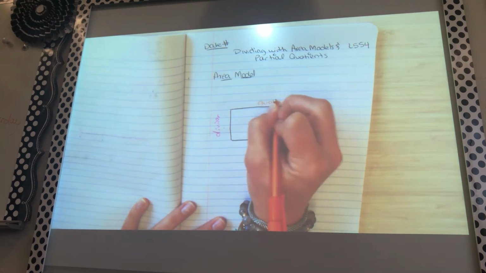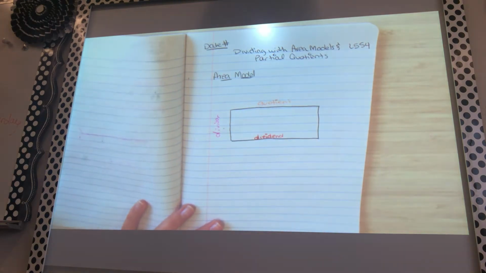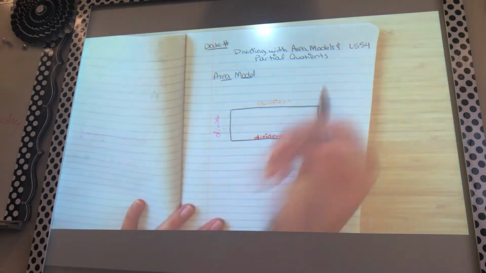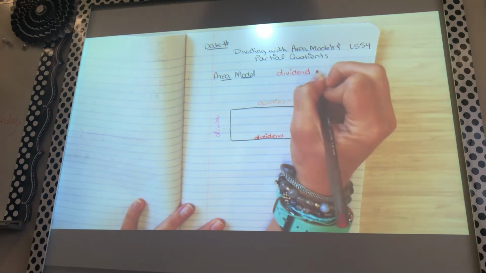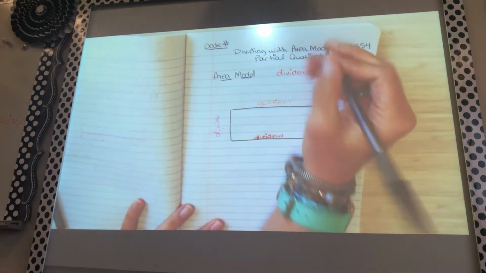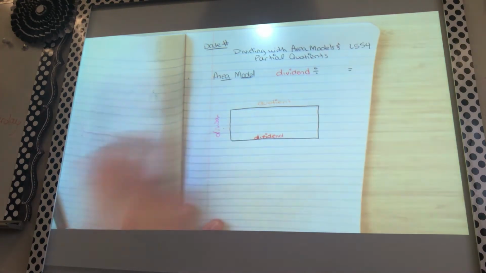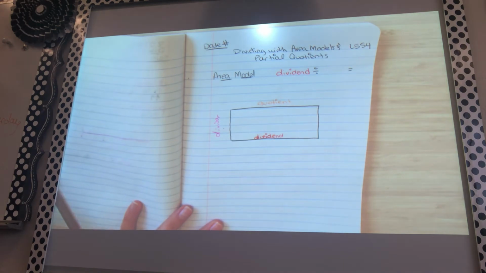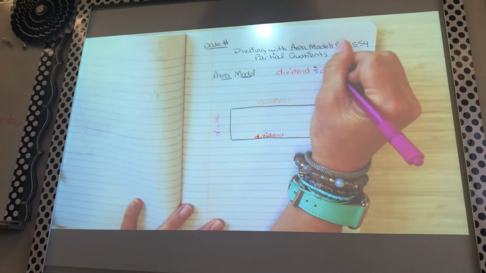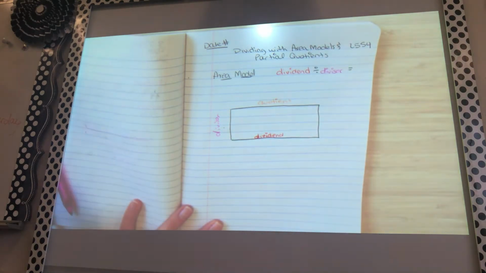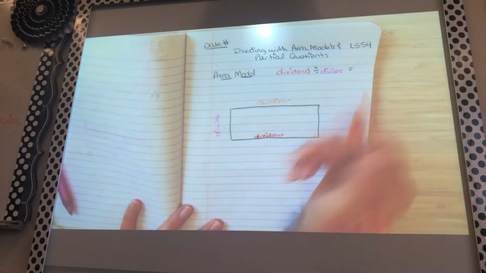Now the reason for this is because we're using inverse operations. You have a dividend in division, and it's divided by your divisor, and it equals your quotient.